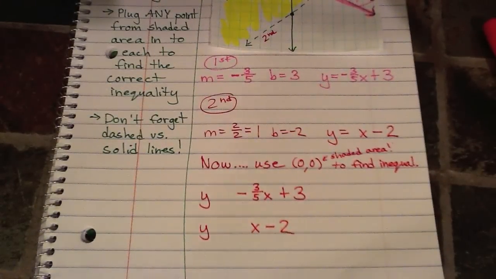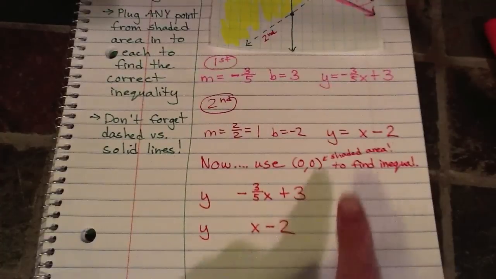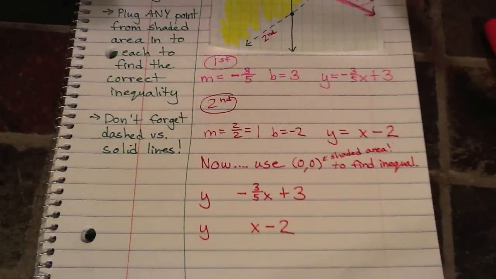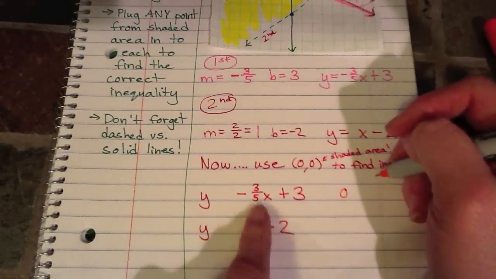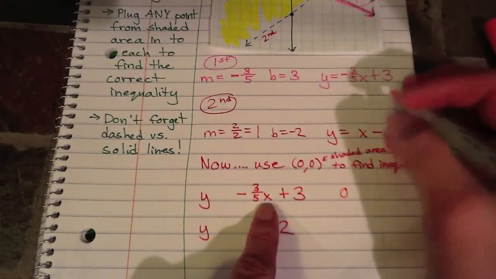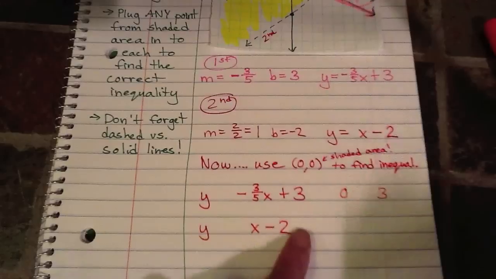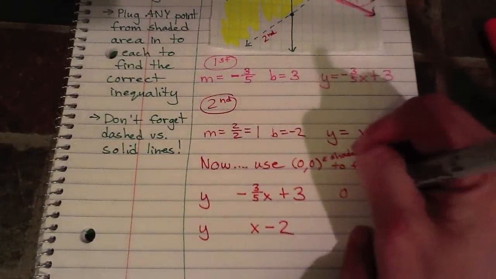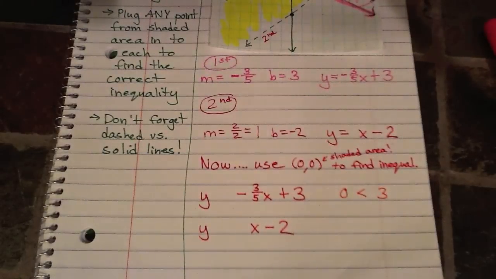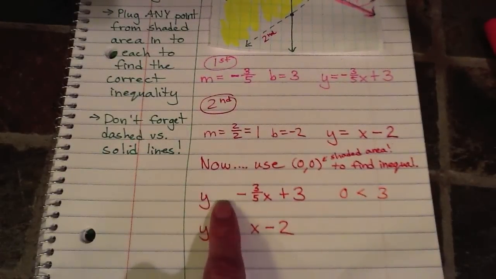Now we're going to use the point 0, 0, plug it into this to see what would make it true. So 0 is something to 3. Is 0 greater than 3 or is 0 less than 3? 0 is less than 3. So we know a less than is going to have to go here.